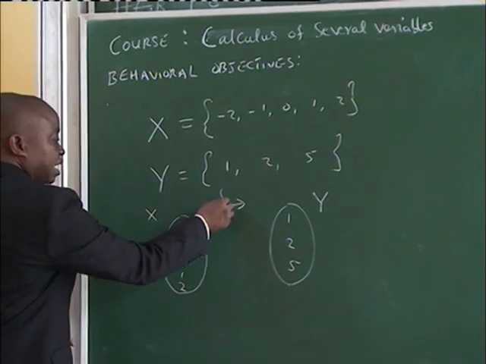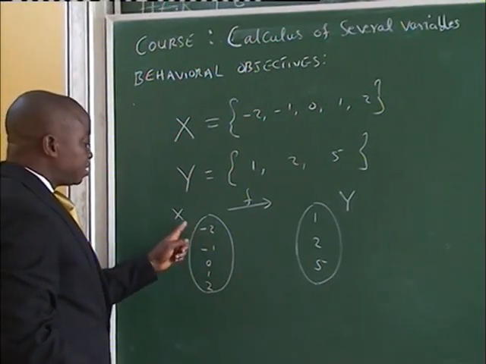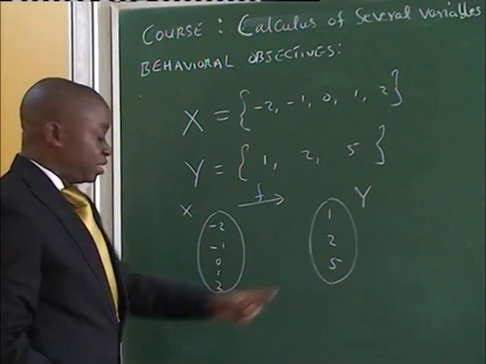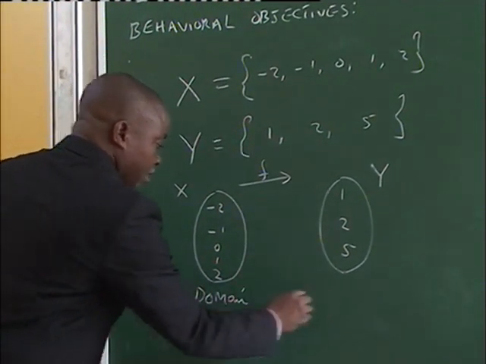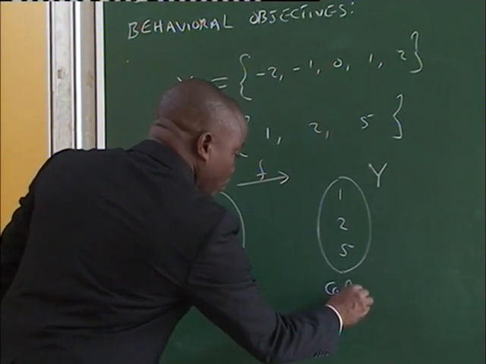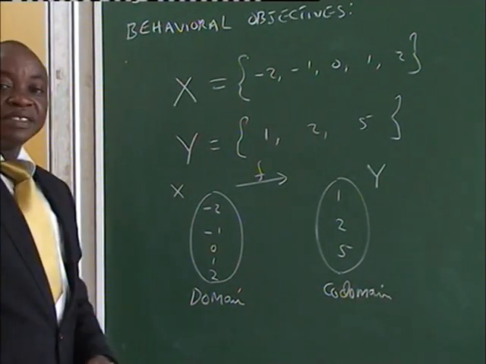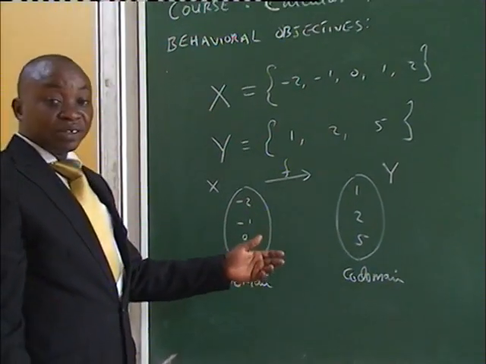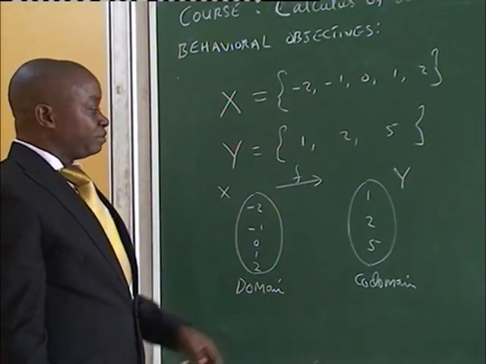There's a rule that is assigned to these elements. There's a relationship that exists from set x to set y. This side is called the domain, and this side is the co-domain. I'm talking in terms of mapping so that you know what we are talking about here, functions of several variables. So I'm relating us to mapping.